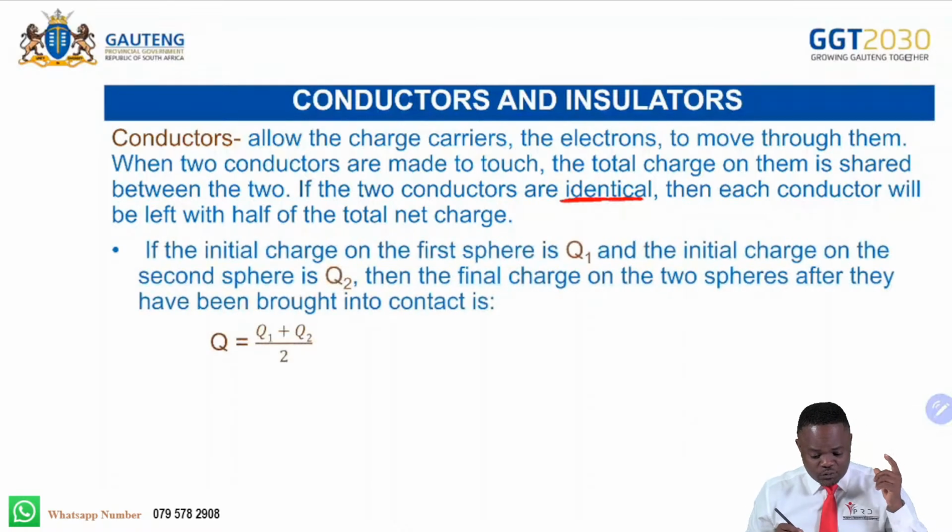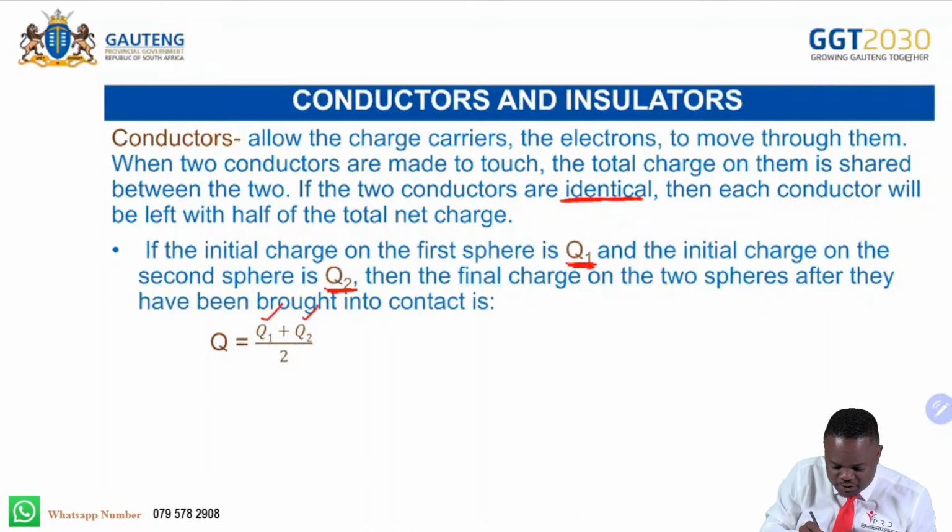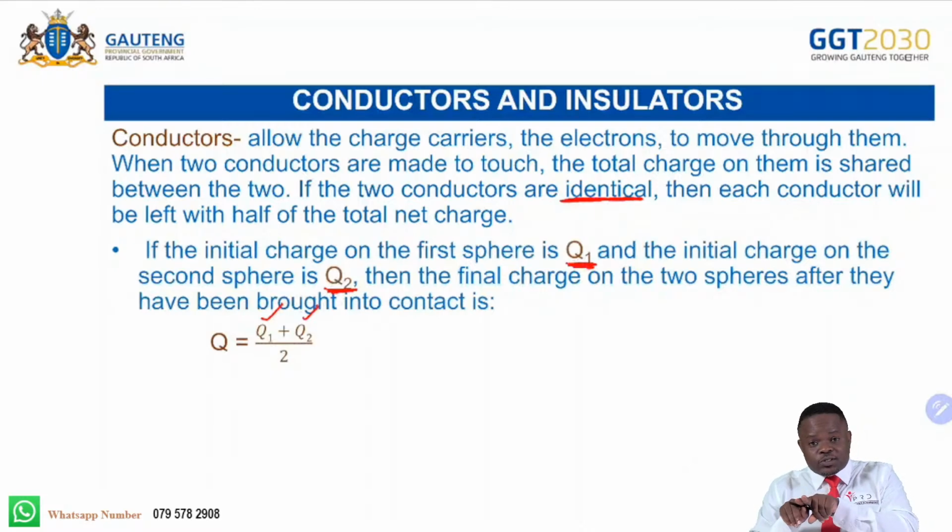So now, if we were to bring two conductors together, one with a charge of Q1 and the other one with a charge of Q2, it means what will be their net charge? Their net charge is their sum, that is Q1 plus Q2. We agree there, isn't it? And then we're saying electrons are going to flow from where they are more to where they are less, isn't it? After that, we have an even distribution of the net charge. It means what will be the new charge on each sphere?